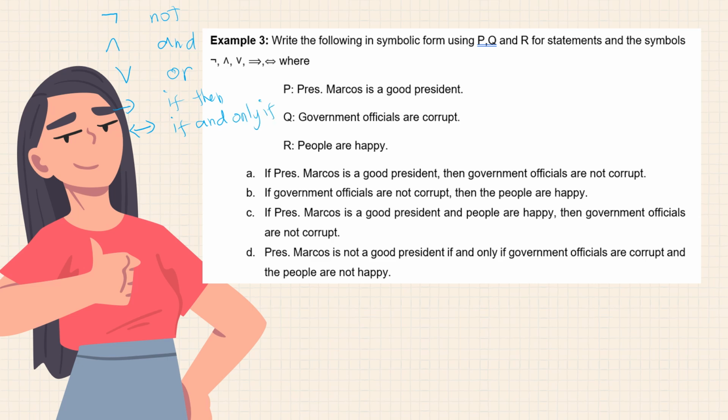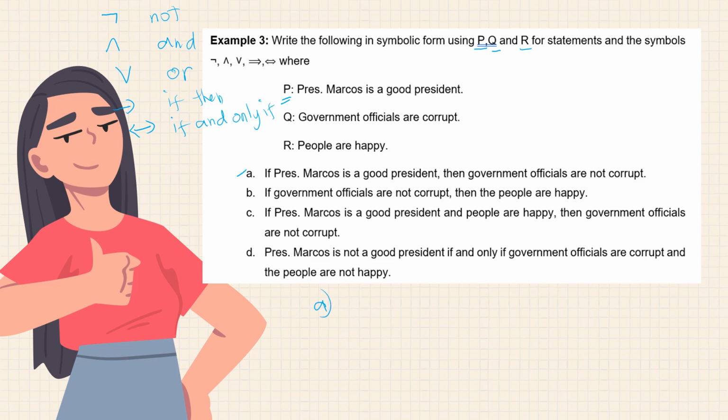Write the following in symbolic form using P, Q, and R for statements and the symbols not, and, or, if then, if and only if. Where P proposition is President Marcos is a good president. Q proposition, government officials are corrupt. R, people are happy.